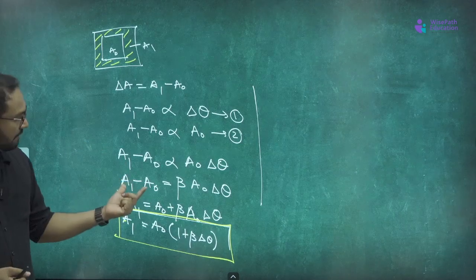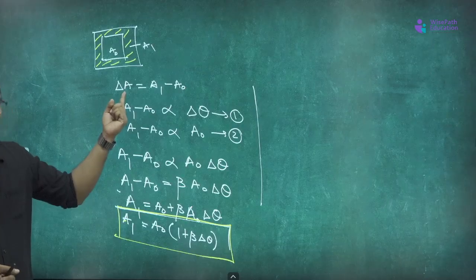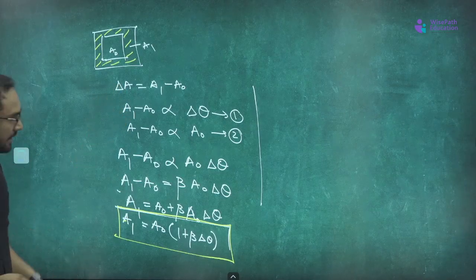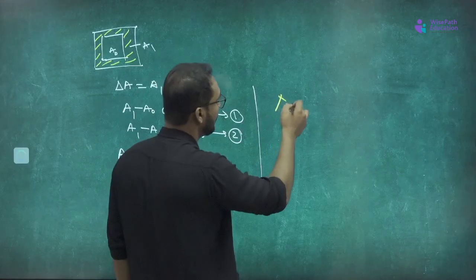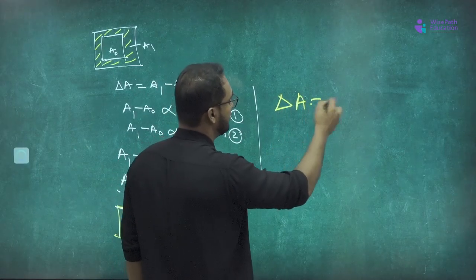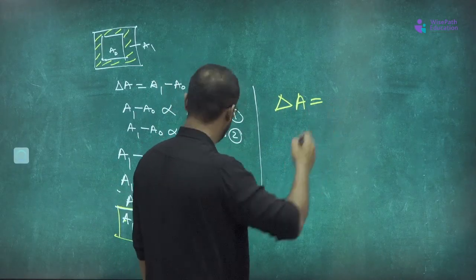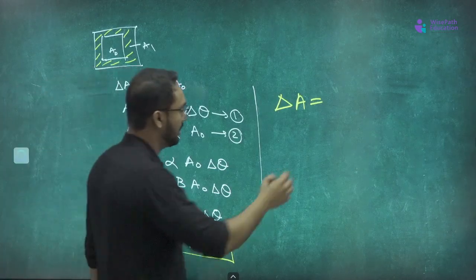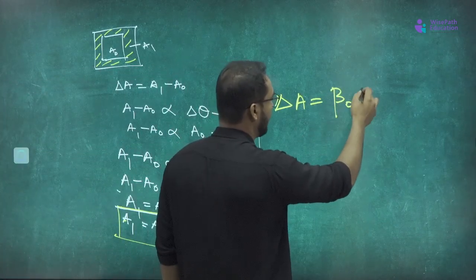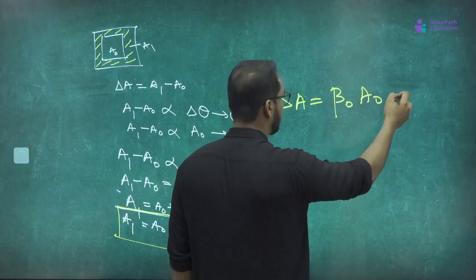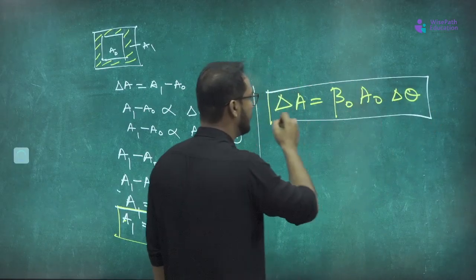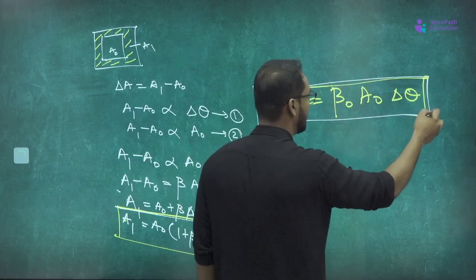Instead of A1 minus A naught, you can apply delta A directly. So delta A is equal to what? Delta A is equal to beta A naught delta theta, isn't it?